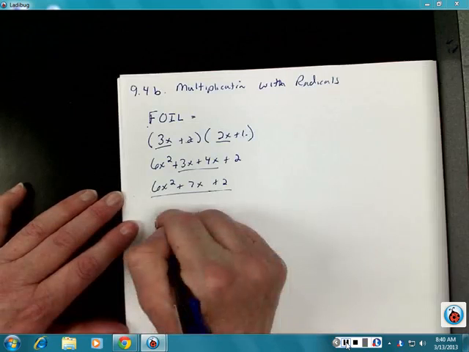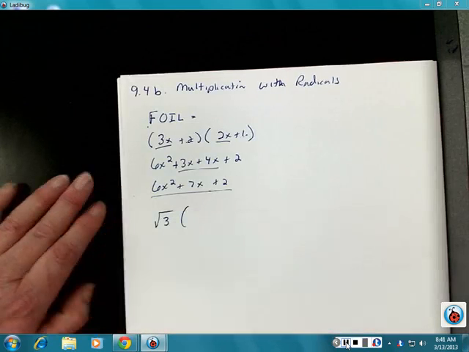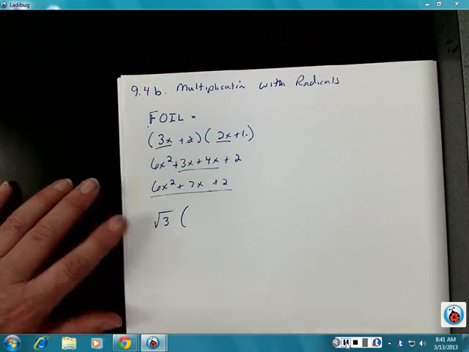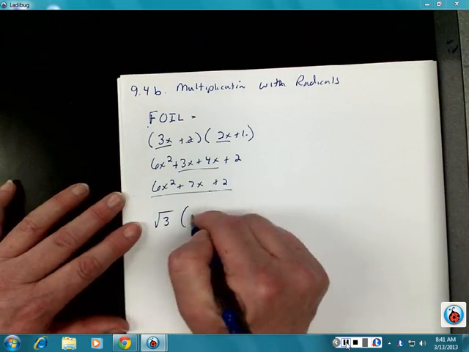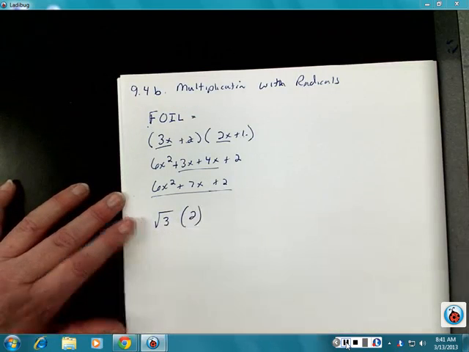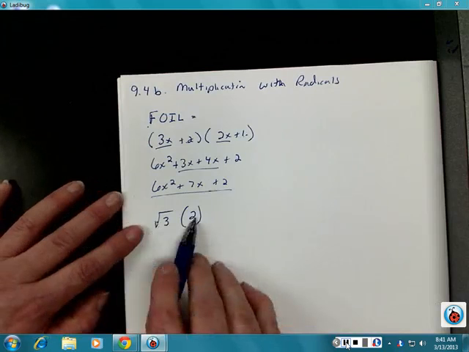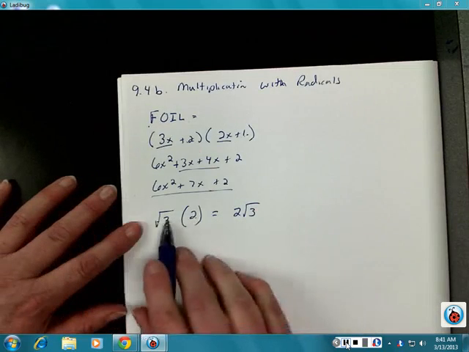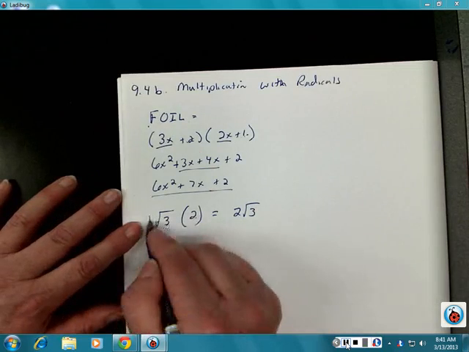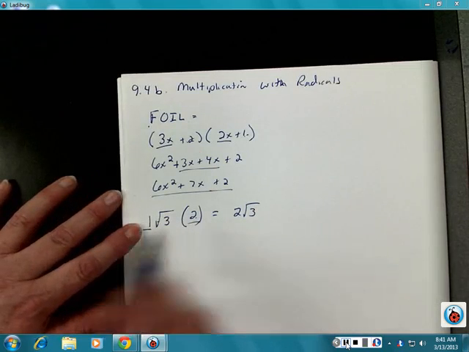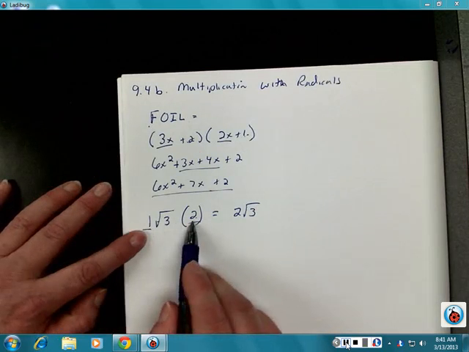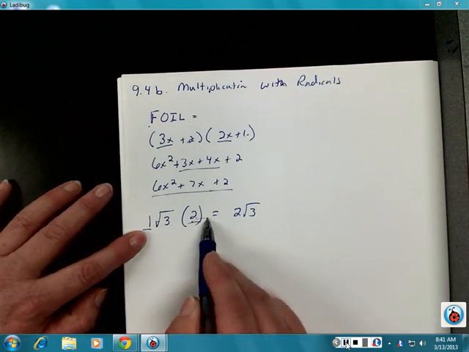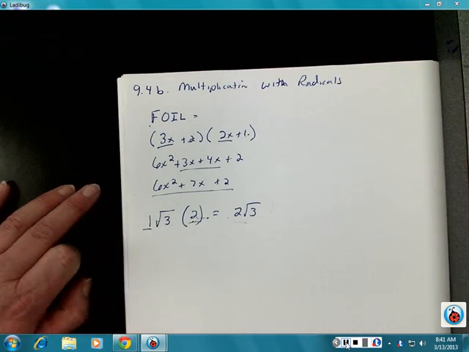So if I had the square root of 3, and I'm going to multiply that square root of 3 times 2, that just simply ends up being 2 times the square root of 3, because I can't multiply the exponent in front of here. I'm multiplying the numerical part by the numerical part, and the radical part by the radical part, but I don't have a radical part in this one, so my answer just comes out to be 2 times the square root of 3.